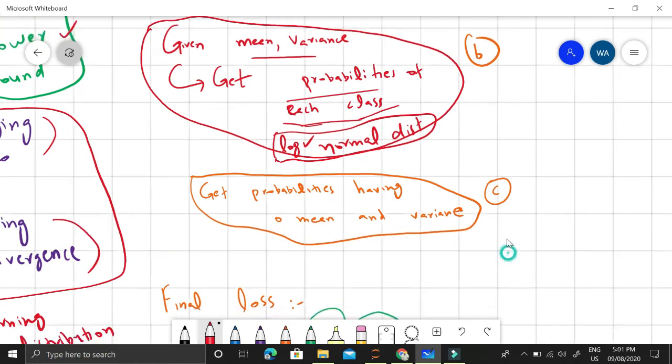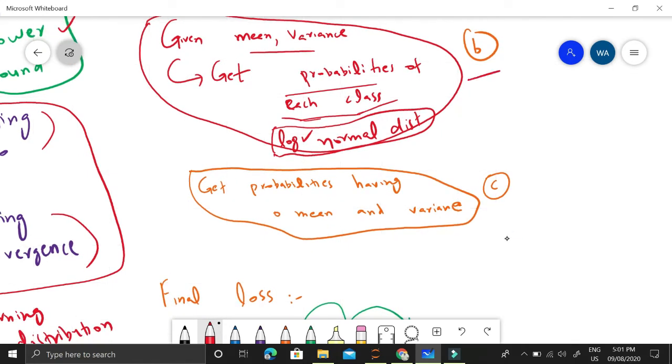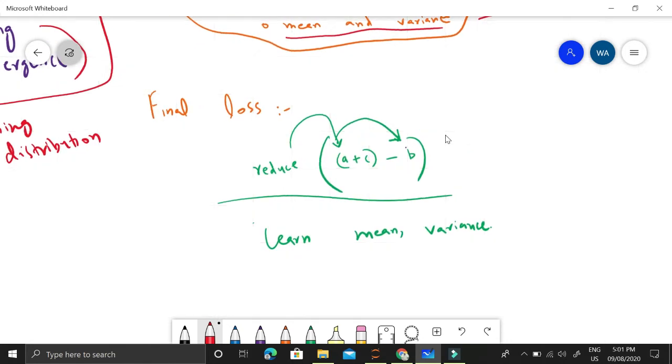Okay, once we have these probabilities, let's call that B. Then we also find the probabilities with zero mean and variance, let's call that C. Now this is how we calculate the final loss. We add the cross entropy loss plus C. This C is basically the output probabilities with zero mean and zero variance, and this B is coming from the actual distribution having input mean and variance.